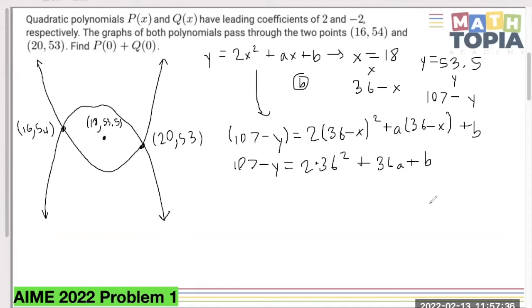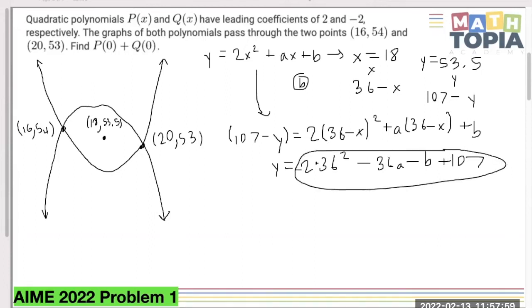So basically we subtract the 107, and then invert everything, multiplying by -1 to get rid of the negative in front of the y. So that becomes negative, that becomes negative, that becomes negative, and the negative 107 becomes positive.